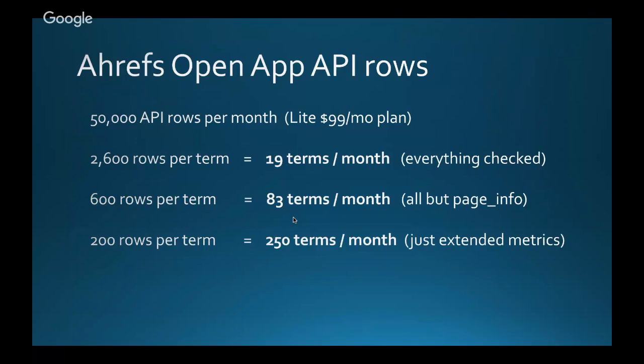And just to point out what the economics are like, I use the smallest plan they offer myself because I like to see what my end users experience. And if you get all of the data for every keyword you look at, you can only do about 20 terms a month. But I find I don't need to pull the expensive social signals every time. I only do that when it's a really important keyword. So I leave that unchecked.